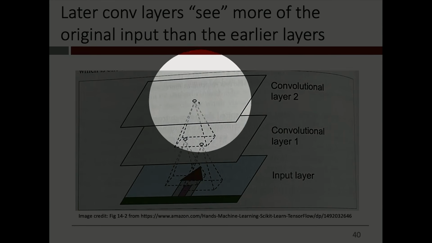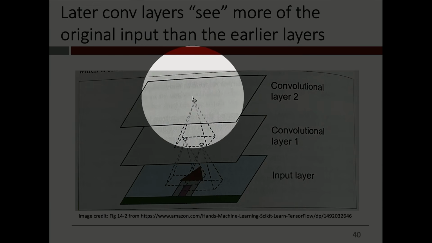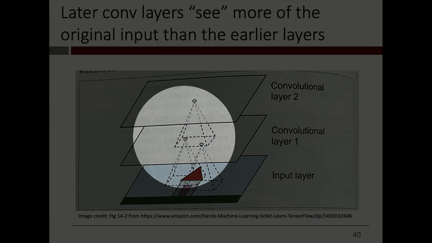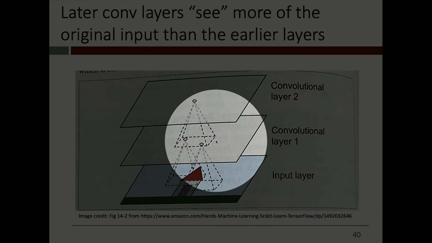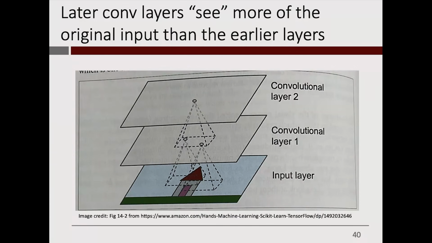But the next layer's input is this particular layer, so this little thing here is getting information from this whole square, and every one of the points in that square is something big in the original picture. So with every additional layer, you're seeing more and more of the image.